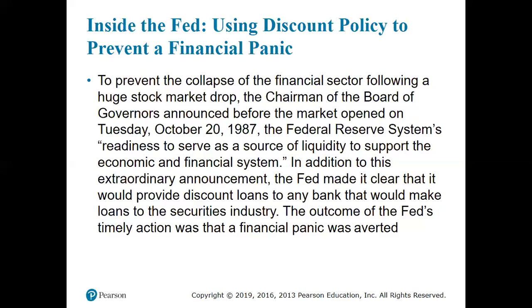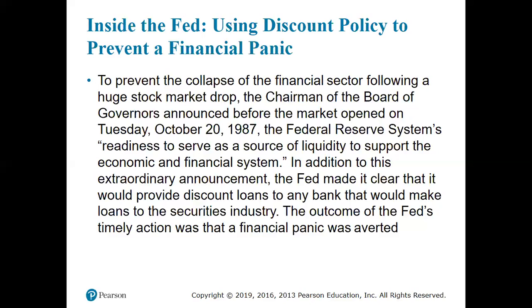And the day after that, the Fed came out with a statement saying the Federal Reserve was ready to serve as a source of liquidity to support the economic and financial system. And this was something at the time that was a fairly extraordinary announcement.